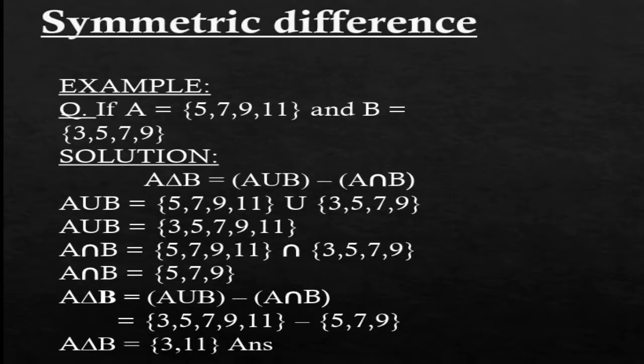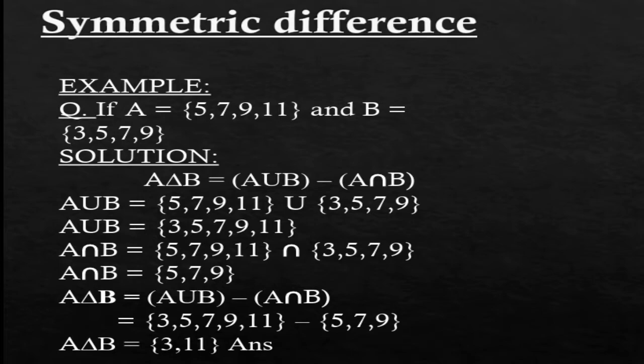Here you can see an example in which I have shown you how you can find symmetric difference with the help of the formula A union B minus A intersection B. There were two sets A and B, and we put the values of A and B to find A union B first, and then I put the values of A intersection B. The common elements were 5, 7 and 9.